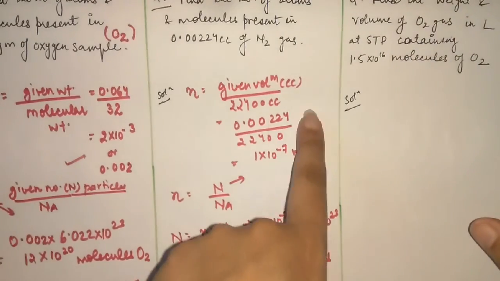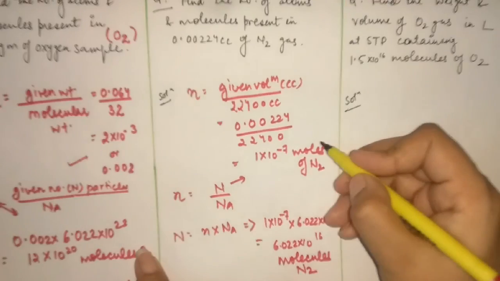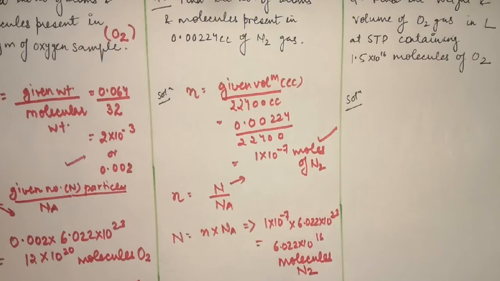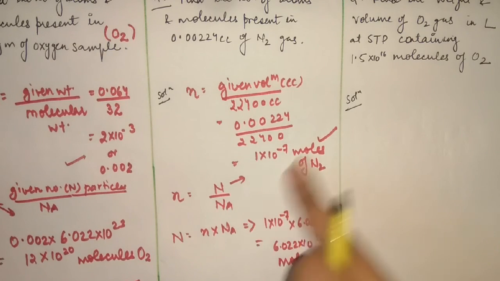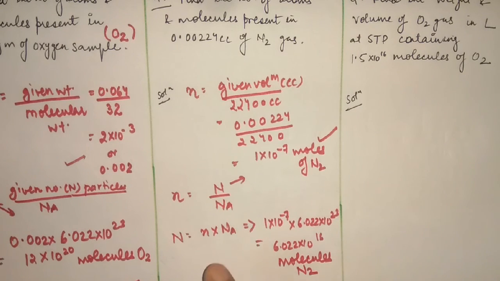You have calculated n. Now I also have the relation between number of moles and number of particles: number of moles is equal to given number of particles divided by Avogadro number. You have to calculate how many molecules or atoms there are, so you have to calculate this capital N. Cross multiply, you can easily calculate.